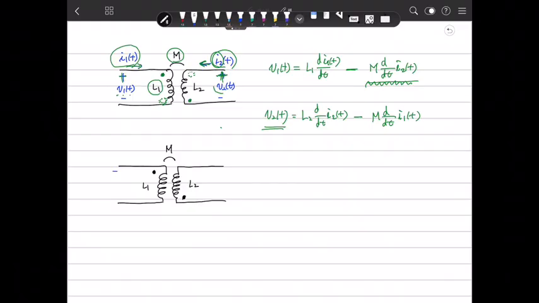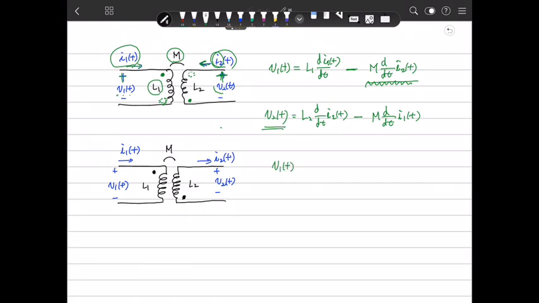And I decide the current I1(t), and I decide this voltage is V2(t), and this side current is I2(t). It is different. So I want to get the voltage and current relationship here.